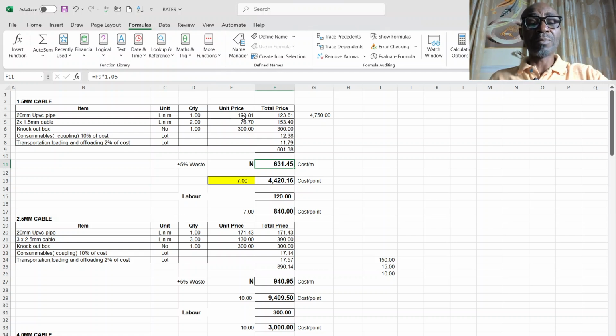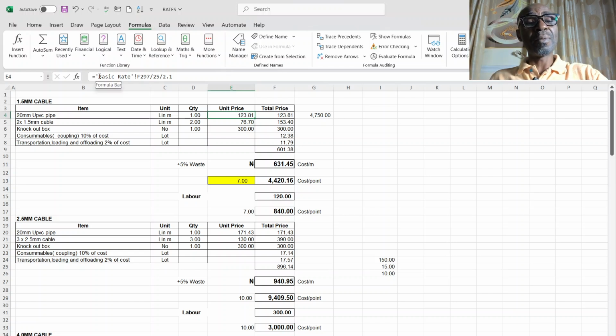Please let us be aware that these rates are not current rates. The only thing that can change this to current rates is you going to the market. Let me tell us how you can see what is on the screen.